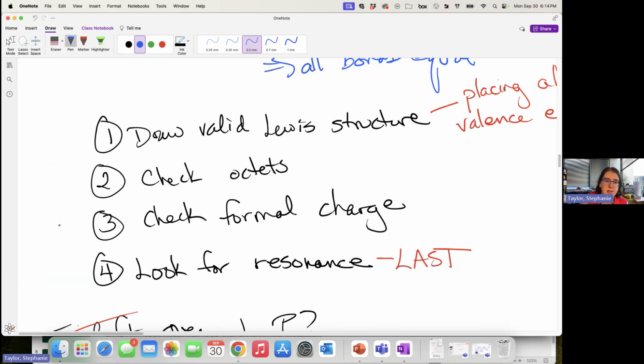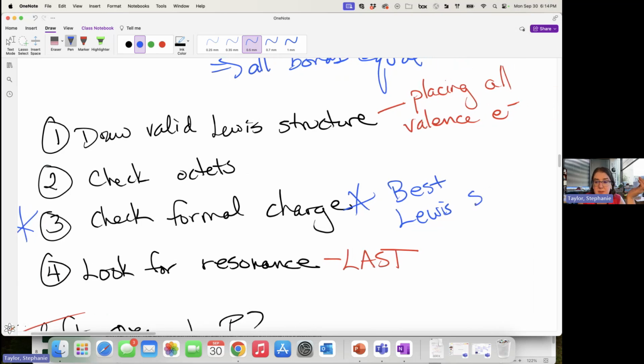So this step here is where you know that it's the best Lewis structure. And this is typically what we ask for. I say typically because sometimes I think we forget to put the word best in there, but that's what we're looking for. We're looking for the best Lewis structure. What is the best Lewis structure? It includes checking for formal charge.